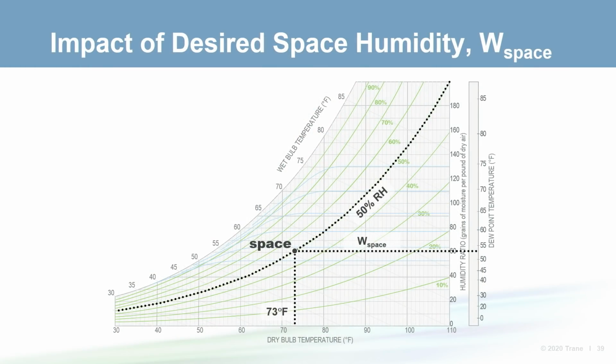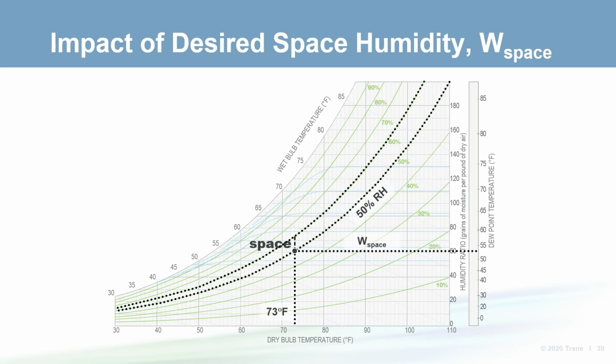Now, because of this, sometimes the system might be designed to deliver more than this minimum required ventilation in order to dehumidify adequately. Finally, the third variable in the equation is the desired space humidity ratio. In my example calculation, the desired space conditions were 73 degrees dry bulb and 50% RH.